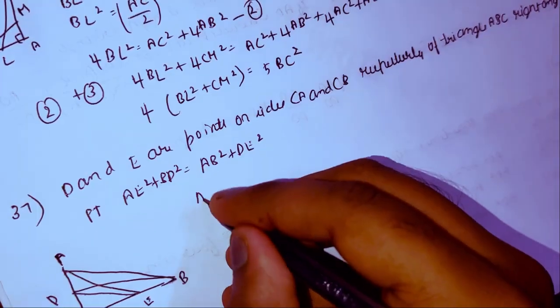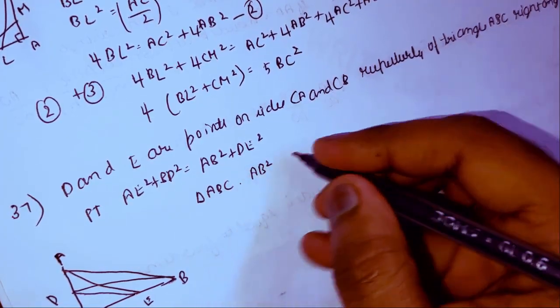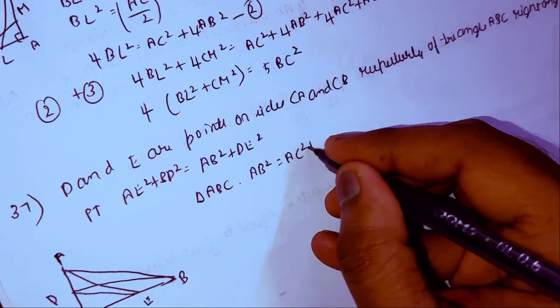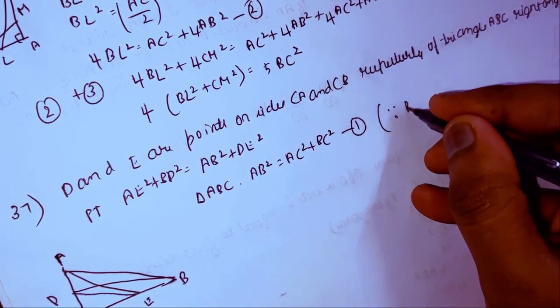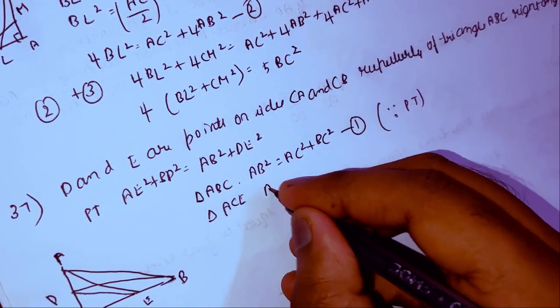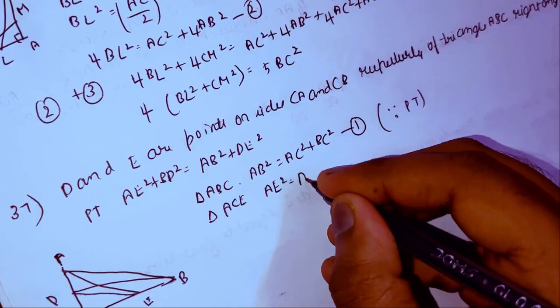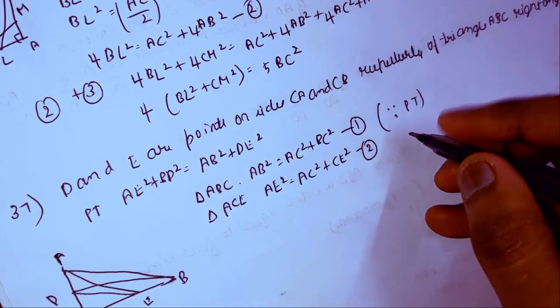Now from triangle ABC, AB square is equal to AC square plus BC square. Consider this as first equation. This is by Pythagoras theorem. In triangle ACE, AE square is equal to AC square plus CE square. Consider this as second equation.